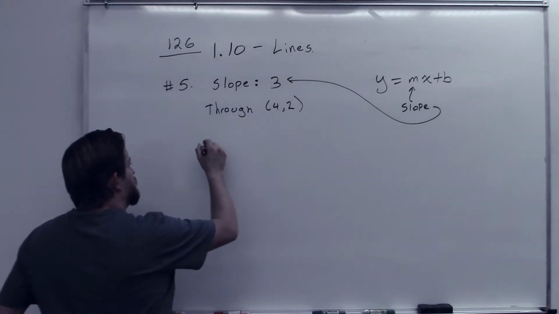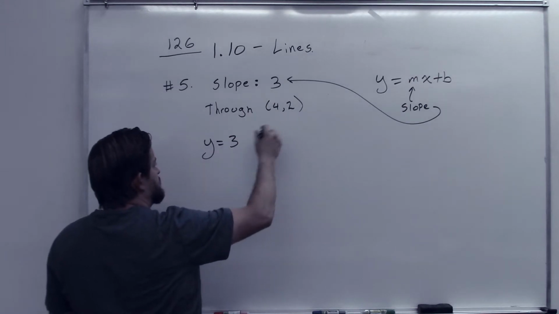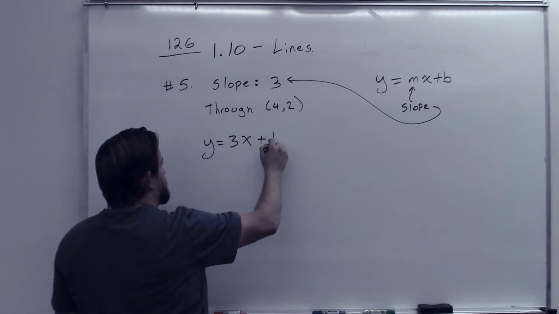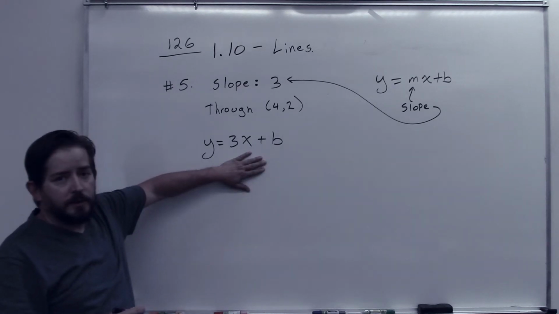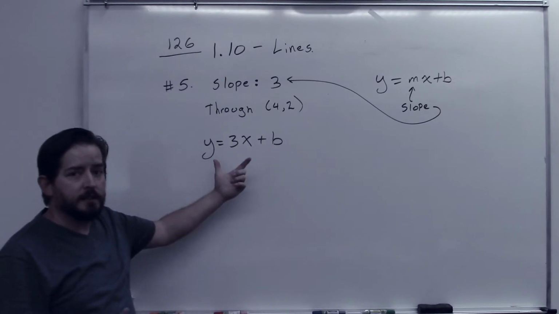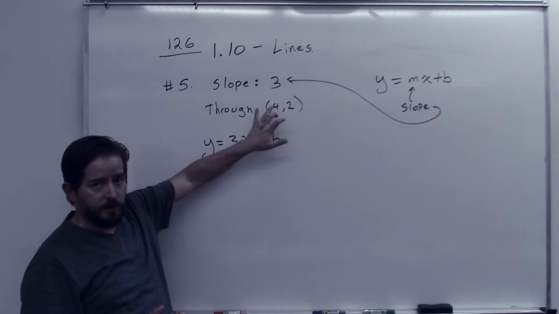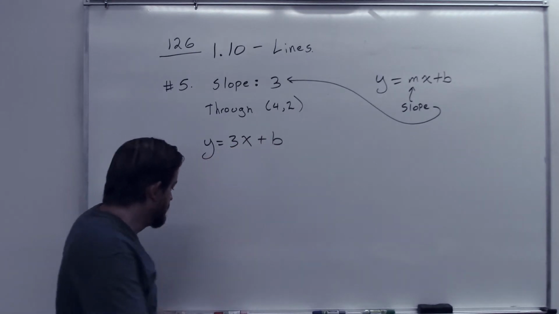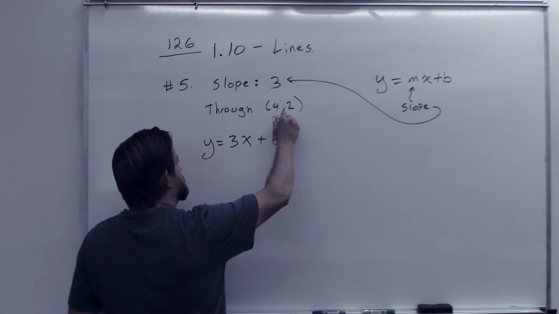So right off the cuff, I know that the equation is going to be y = 3x + b, because 3 is my slope. Whatever equation this is, that b is going to be whatever number works for every single solution to this line. And I have a solution. I have an x and a y, right? So recall that this ordered pair is, of course, (x, y).